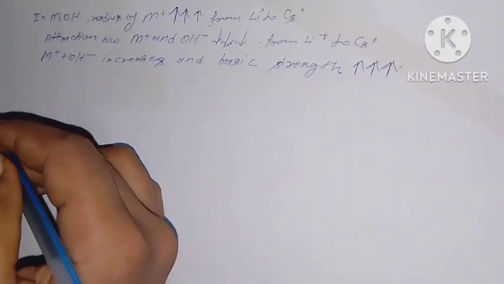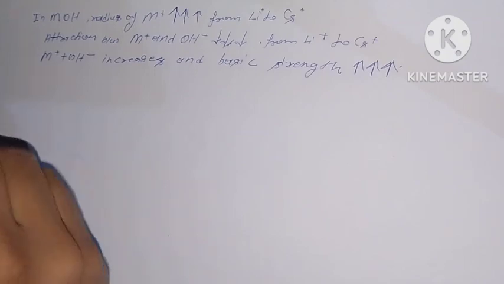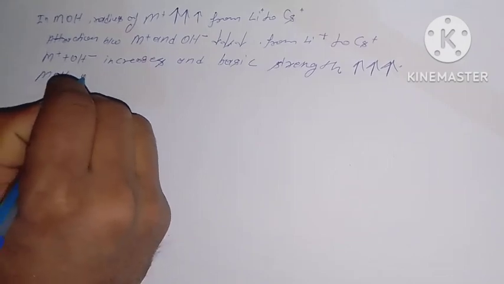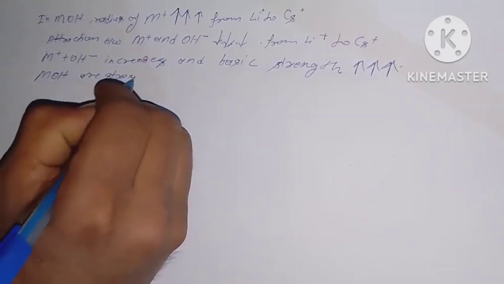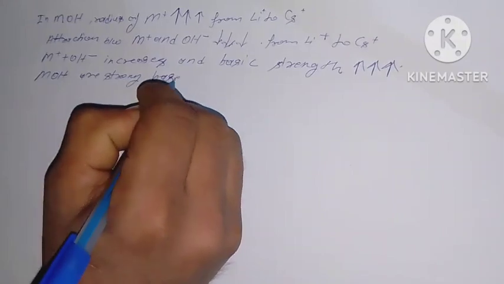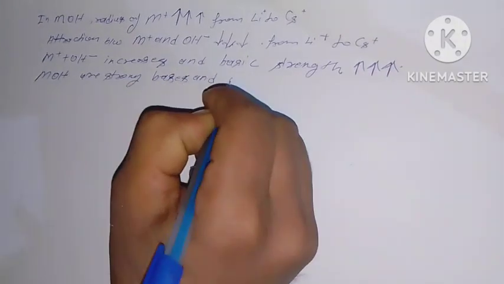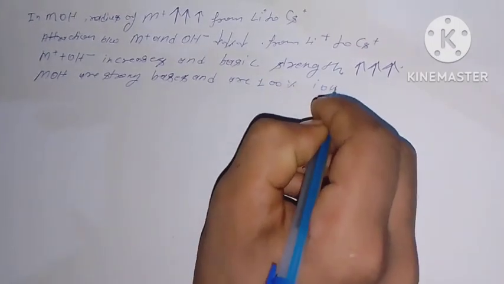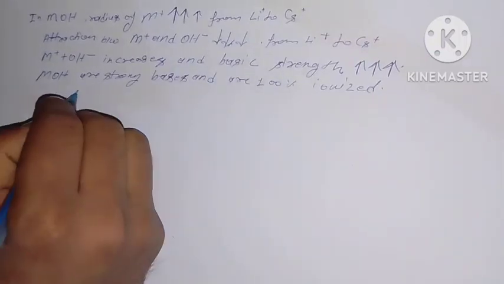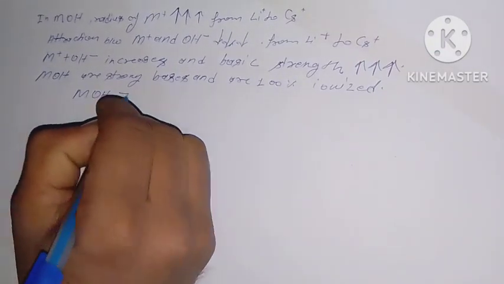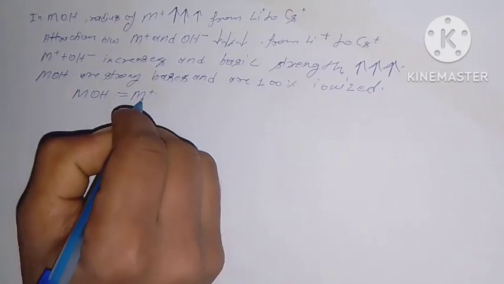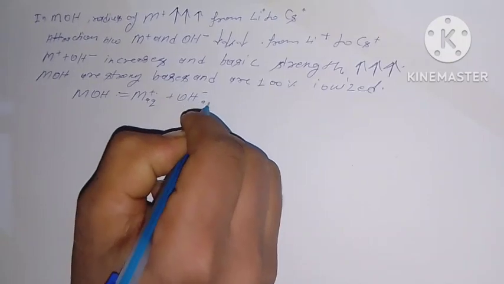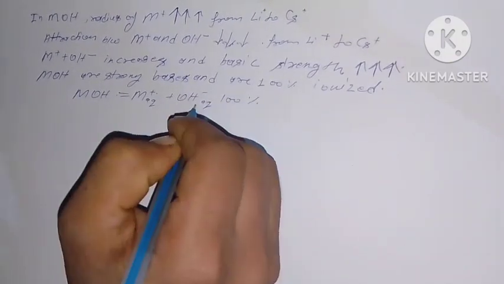As a matter of fact, metal hydroxides are strong bases and are 100% ionized into M positive ion plus OH negative ion.